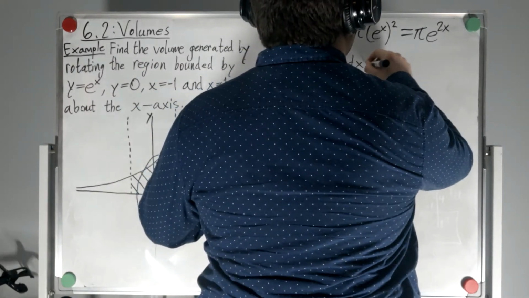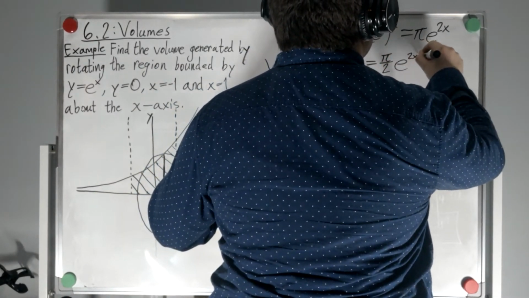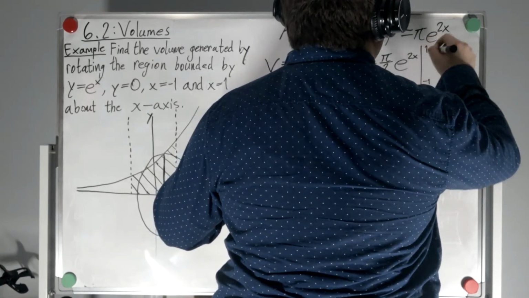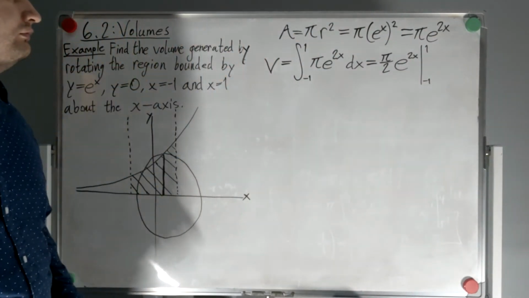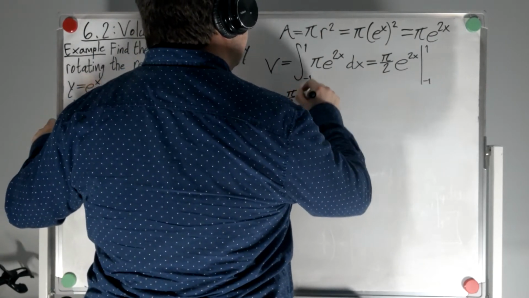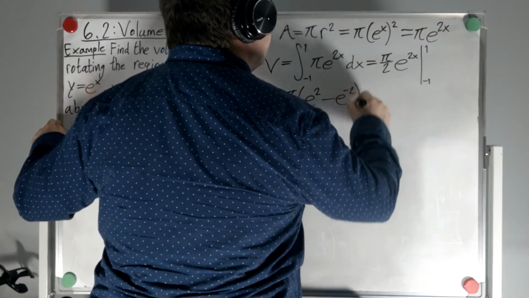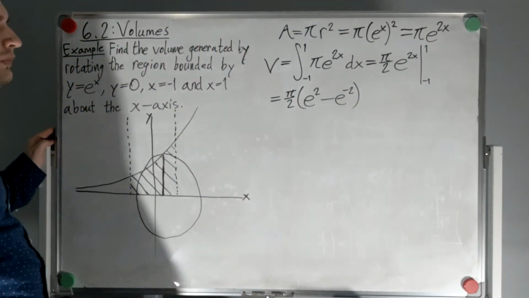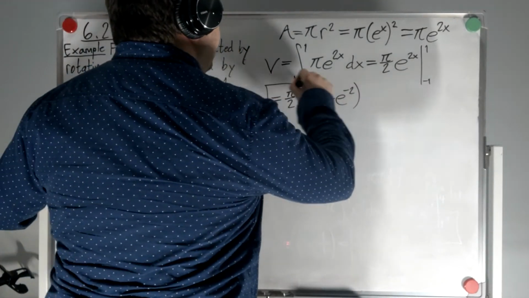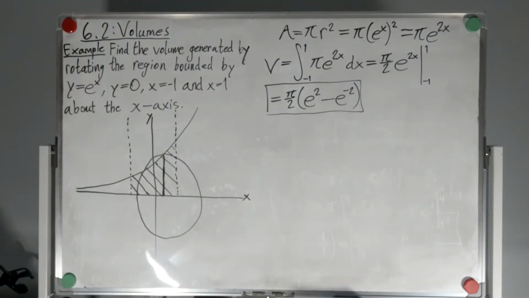This is just pi over 2 e to the 2x, evaluated from -1 to 1. In our case, that just becomes pi over 2 times e to the 2 minus e to the -2. And that is our volume. Okay.